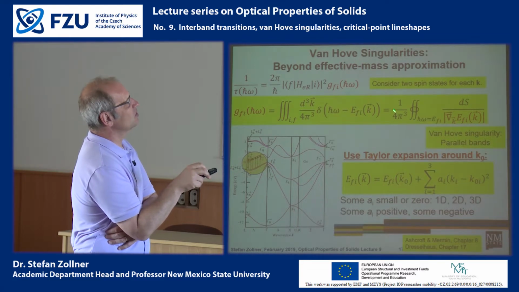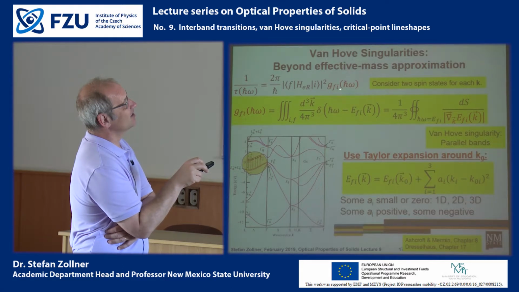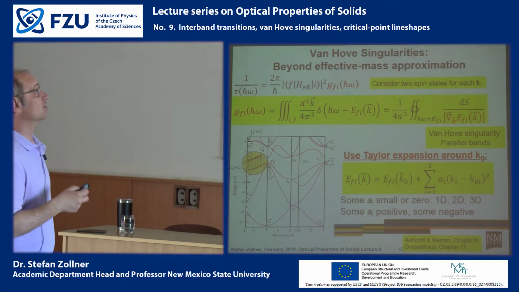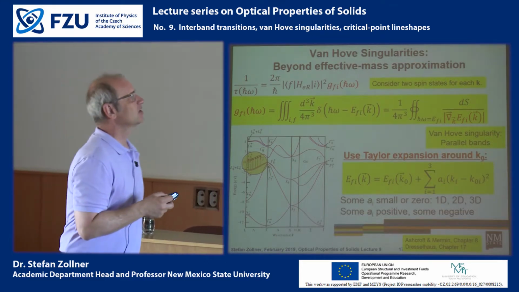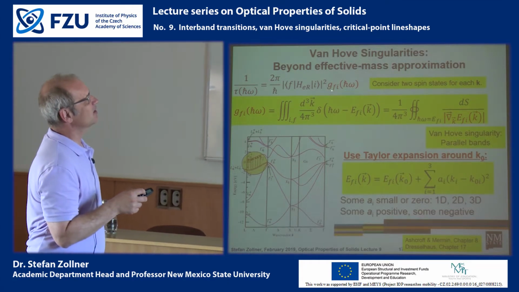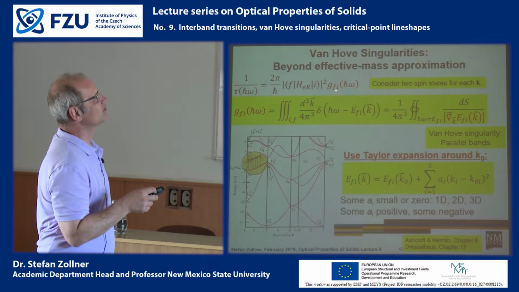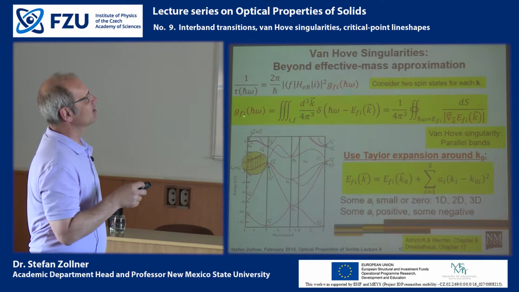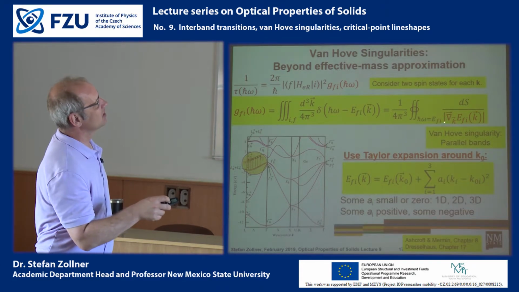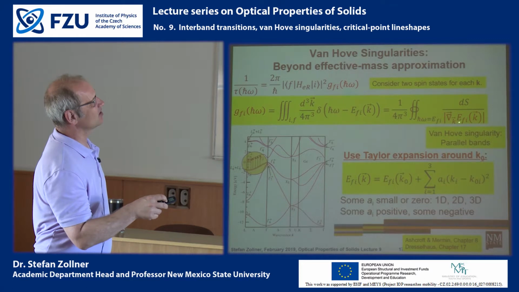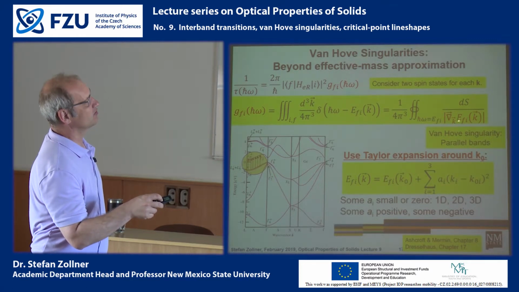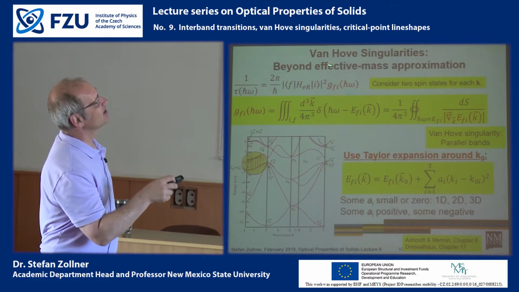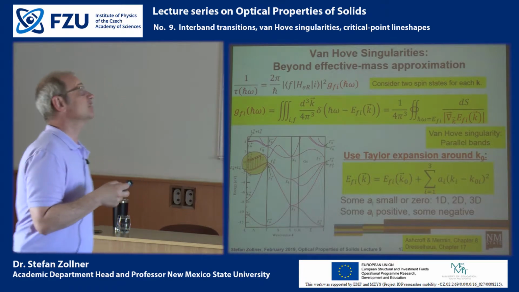So when we derived the joint density of states, the square root like onset for the direct transitions at the direct band gap, we assumed that we have this effective mass, and therefore we get this square root like onset times some power of the effective mass. But with this expression, we can calculate the absorption coefficient directly in k-space without making any assumptions about effective masses.